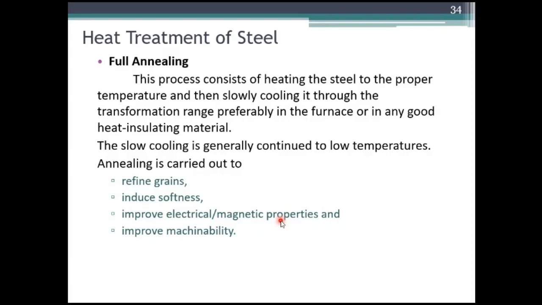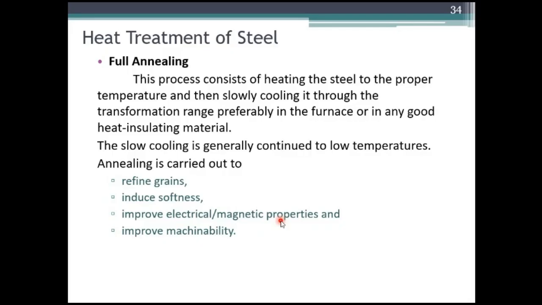Mainly with annealing, since the steel is heated above the critical temperature and cooled very slowly, it will refine the grain structure. When the grain structure is refined, ultimately the grain boundary sizes will be reduced, which will prevent dislocation from happening, which will ultimately strengthen the material.